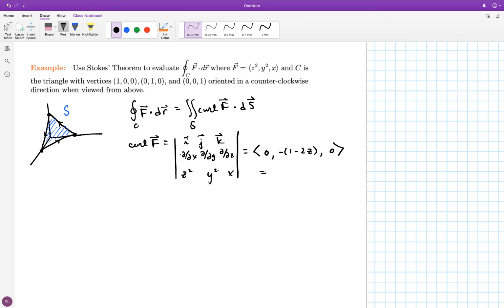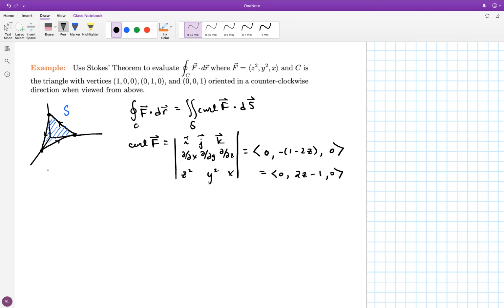So some of these partial derivatives are 0. For example, the partial of x with respect to y is 0. Okay, there's the curl of F.